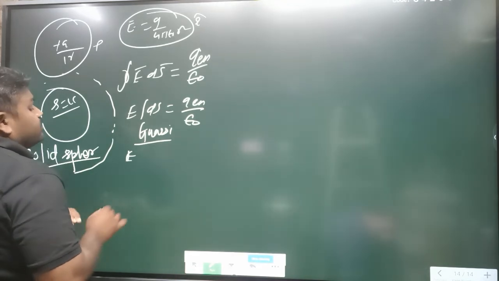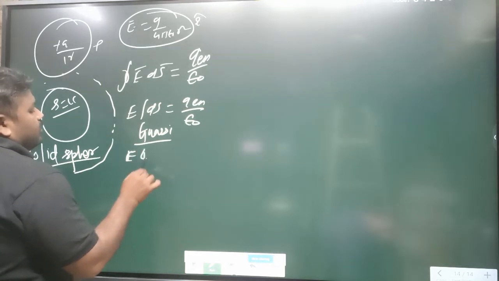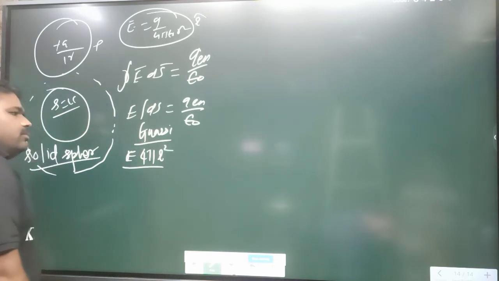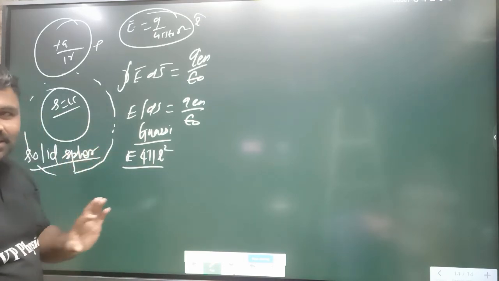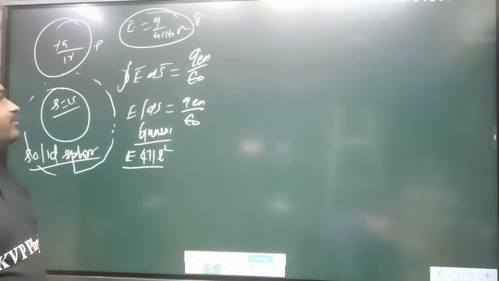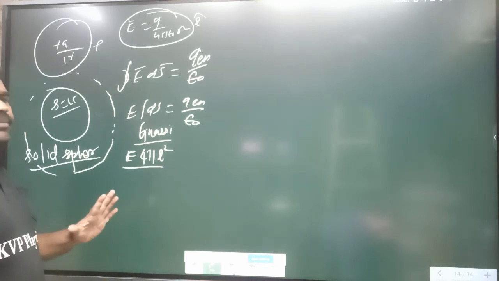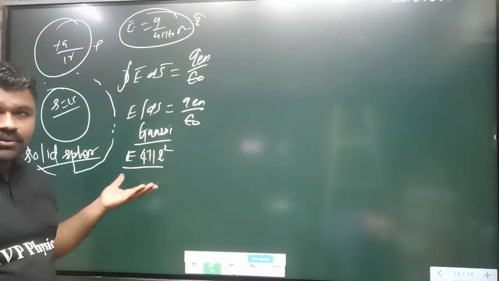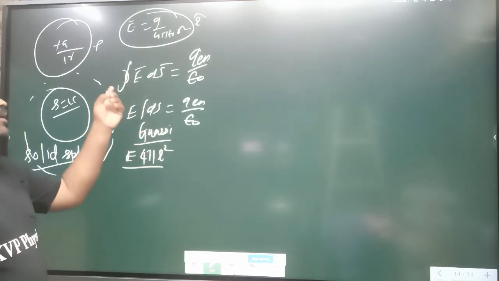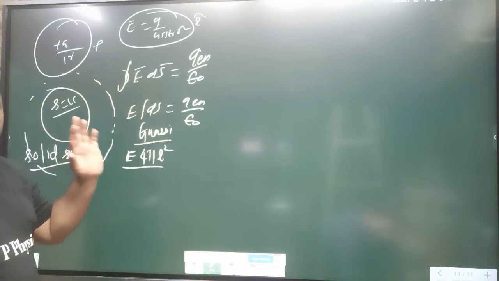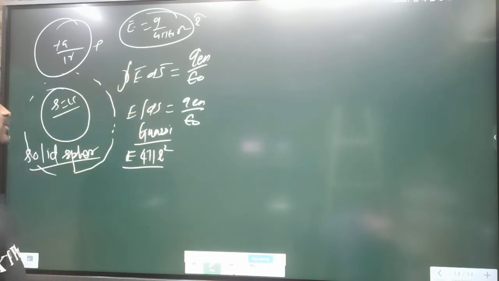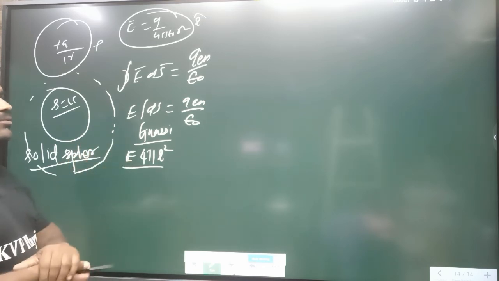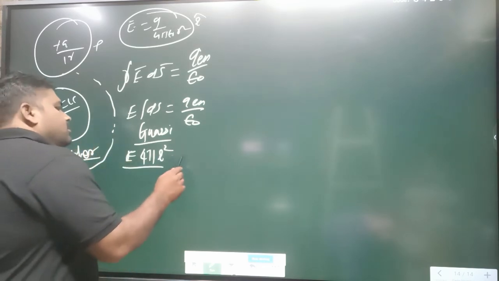For a Gaussian surface, the radius we always take as small r, so 4π r squared. For any spherical system, LHS same or different? Same. Means if the system is spherical, directly we can take E into 4π r squared. But how to get E into 4π r squared? Always memorize this: normal, theta 0. Got it? LHS, any doubt? No. Come to the right side.